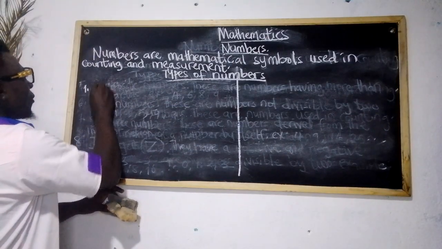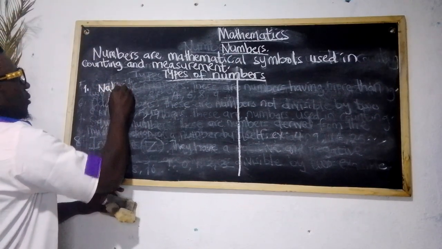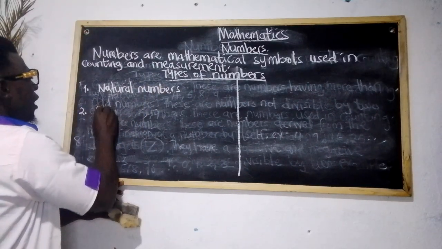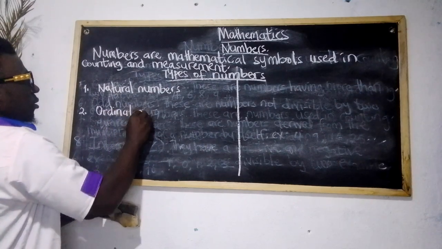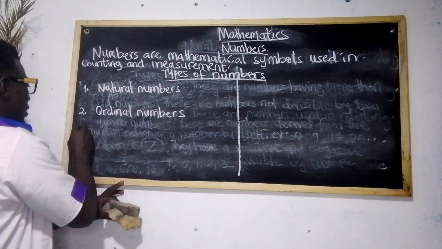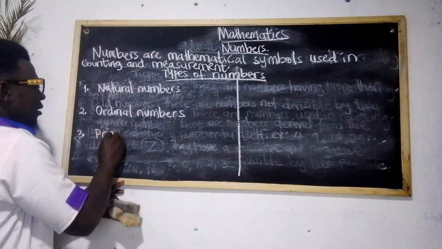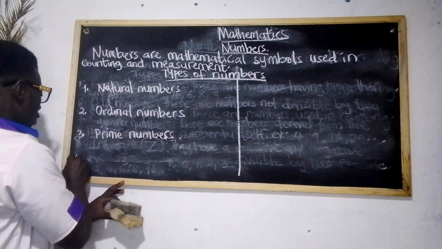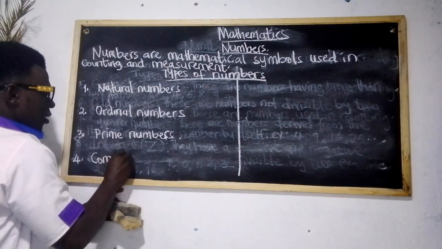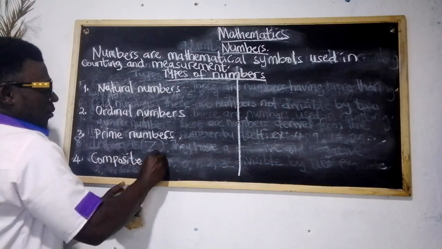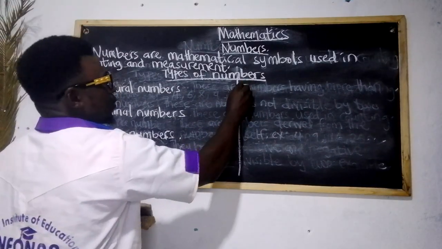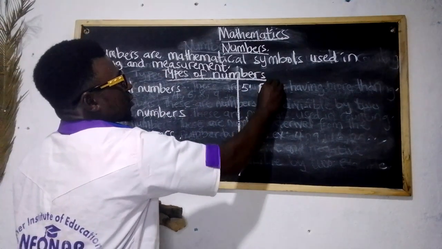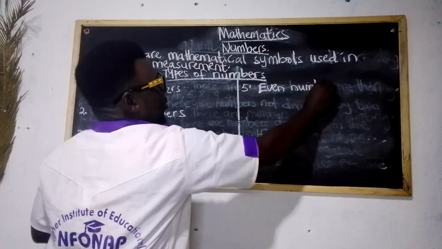We have 1, natural numbers. 2, we have ordinal numbers. 3, we have prime numbers. 4, we have composite numbers. 5, we have even numbers.